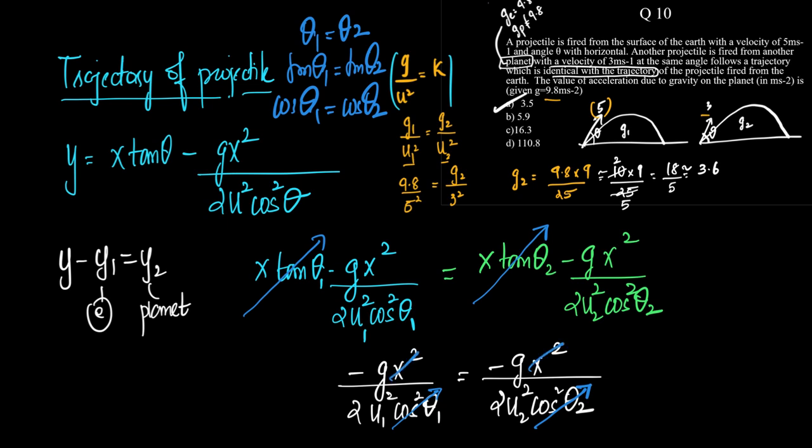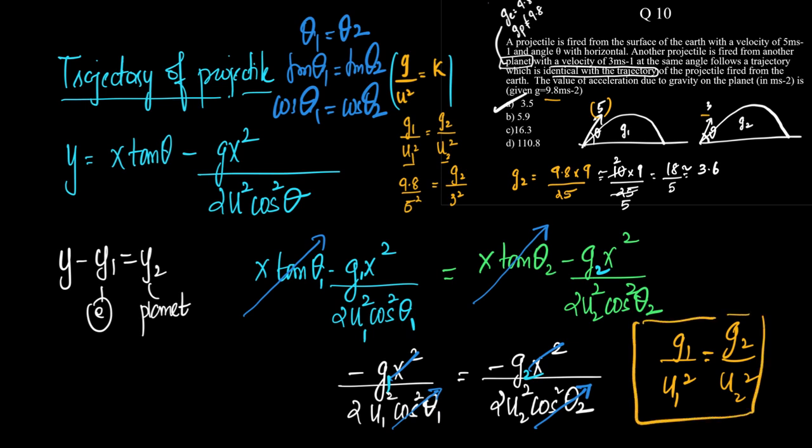So all we are left with is g, in which case I should ideally be writing g1 and g2, right? So we have g1 by u1 square is equal to g2 by u2 square. So this is how we arrive at the formula in a very algebraic manner. Okay, so that's it. So let's move on to the next question.